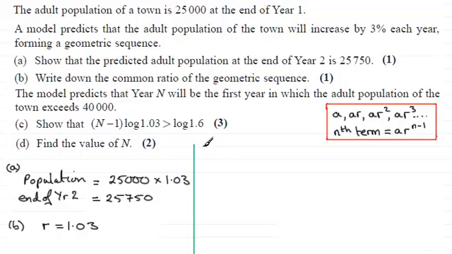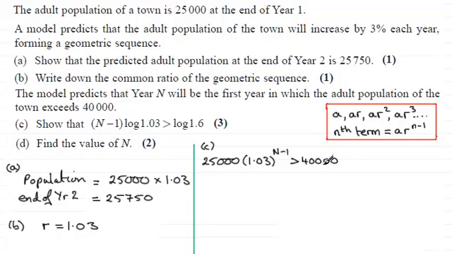So for part C, we're told that the nth term, after year n, has got to be greater than 40,000. So the nth term will be A, the first term, which is 25,000, multiplied by the common ratio, 1.03, raised to the power n minus 1, has got to be greater than 40,000.